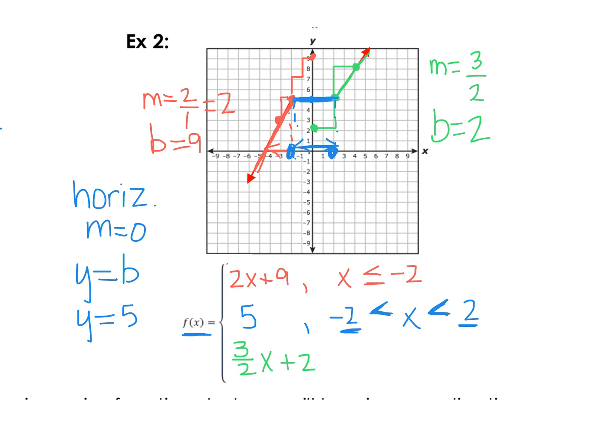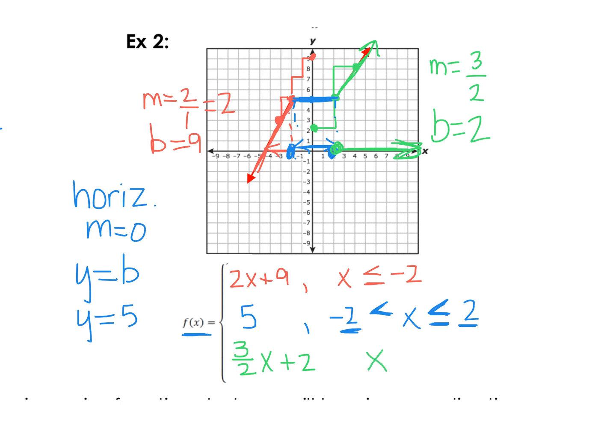All right, now let's look at the green line. The green line starts at 2, but then it goes on forever. So if I write my x values, it starts at 2, but then it goes on forever this way, which would be greater than. Oh, and one thing I should say, on the 2, if you include the 2 in the previous one, so let's say I put a less than or equal to there, then in this next one, I would not put a line.